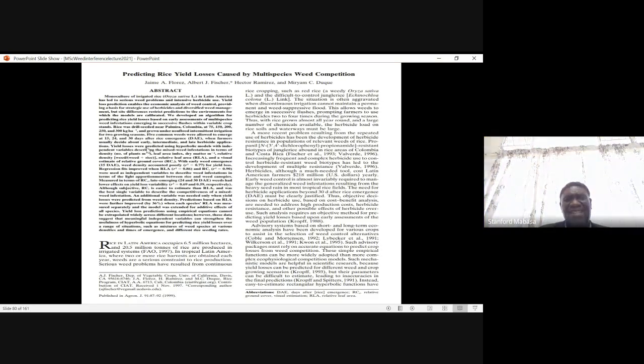The good thing is that this paper is describing a situation which we see in actual fields. And these authors found that these equations could be useful in predicting yield loss in rice, and they could be used as management tools in weed management.